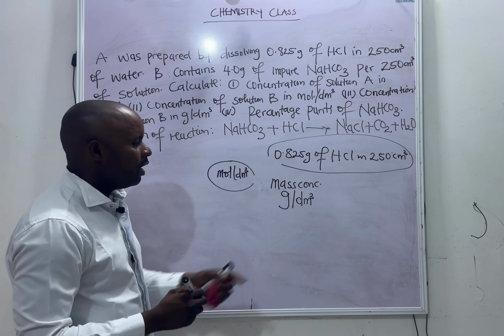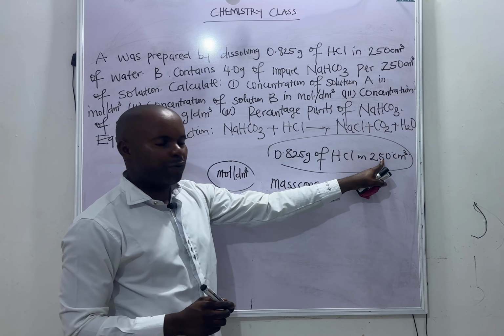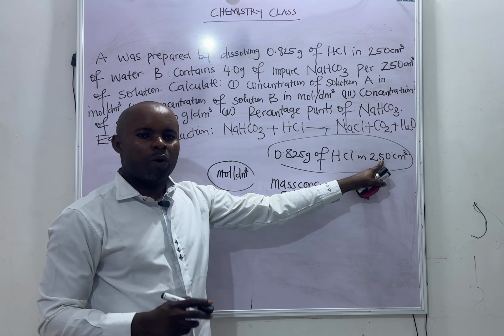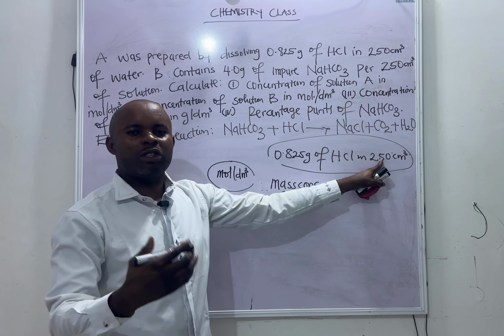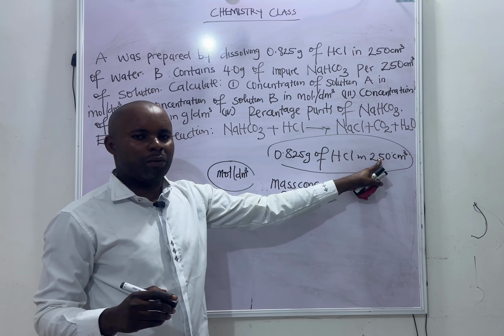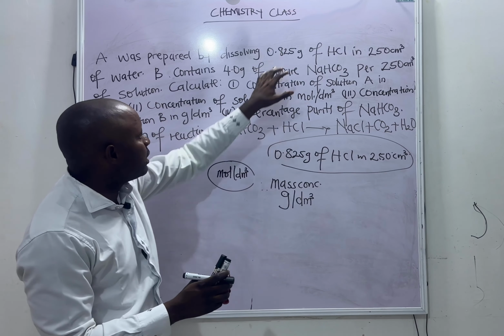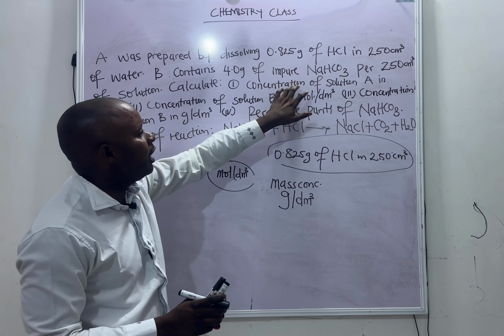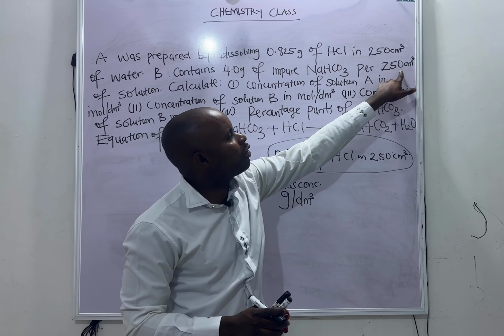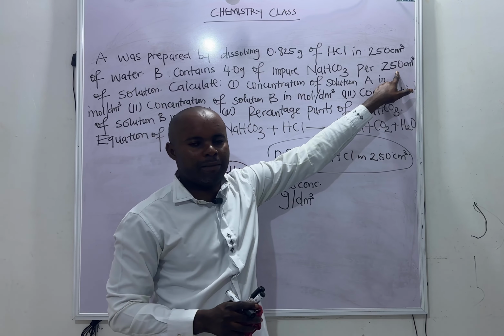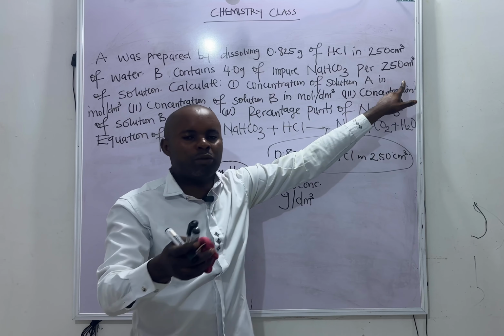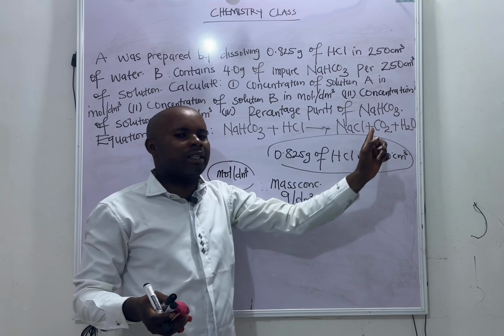That is to say, if this is dissolved in 250 centimeter cube, we must compare when it is dissolved in 1000 centimeter cube. Each of these parameters, the A and the B, were dissolved in 250 cm cube, so we must convert them to dm cube. How can we convert this to dm cube?